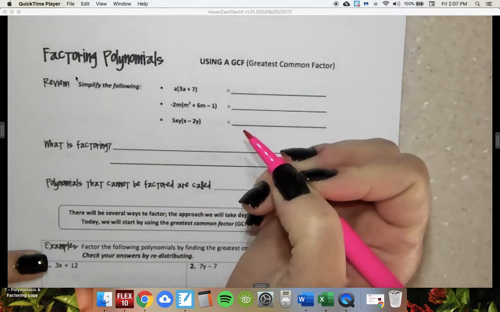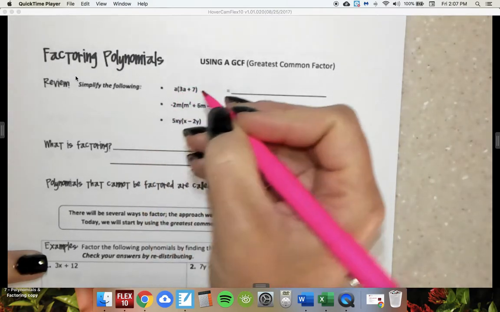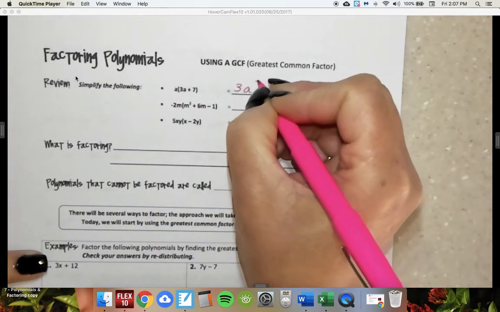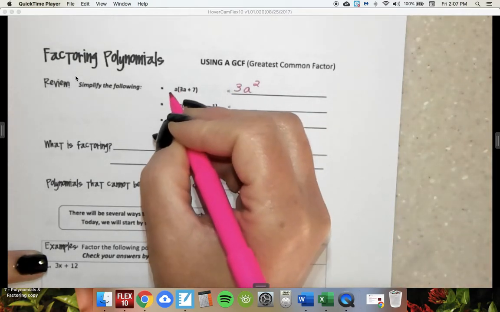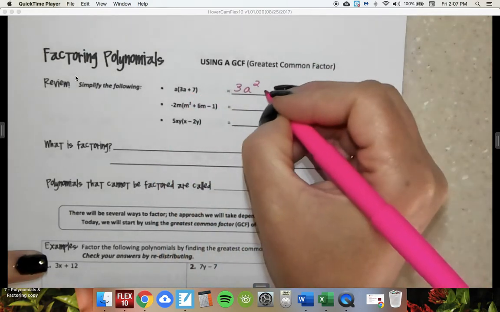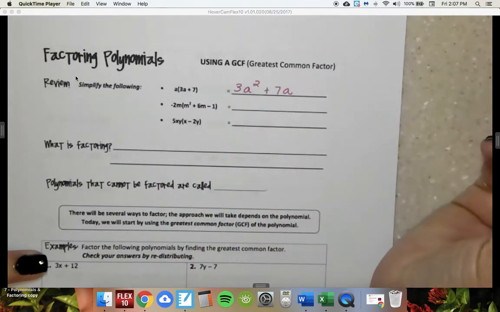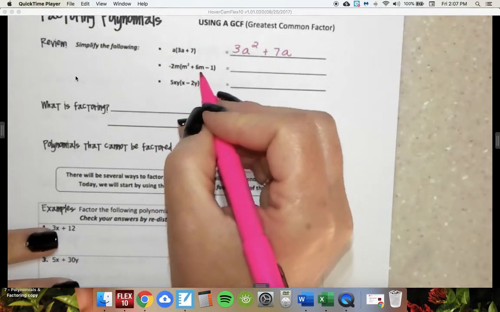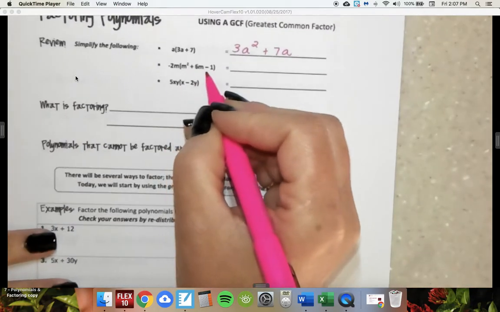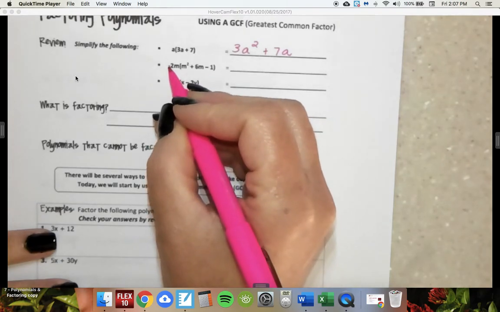It's just a distributive property. What's a times 3a? That would be 3a squared, right? You're taking this outside guy times the inside pieces. And what's a times a positive 7? That's a positive 7a. All right? And we can move down, and now we have a trinomial in parentheses, and we're multiplying by negative 2m.